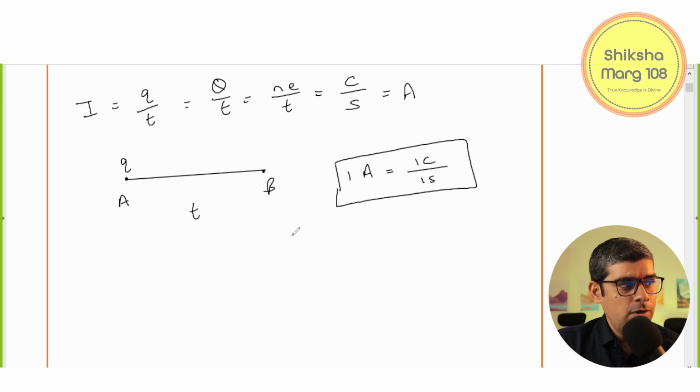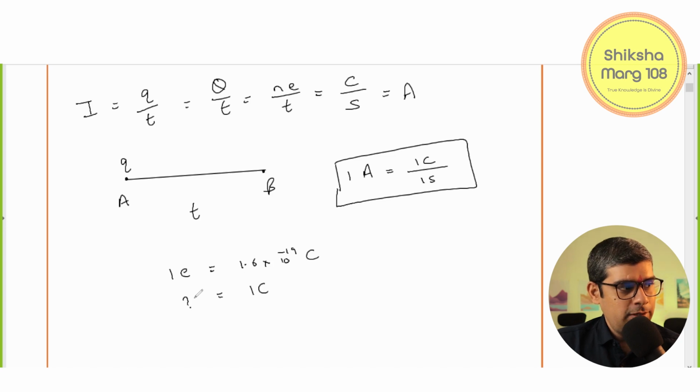Now if you want to know how many electrons are there in a coulomb, it's quite straightforward. 1 electron has 1.6 times 10 raised to minus 19 coulomb charge. Of course, it's going to be a negative sign, but just to understand how many electrons there are, we ignore that negative sign for the moment. So if I have 1 coulomb charge, how much is that in number of electrons?